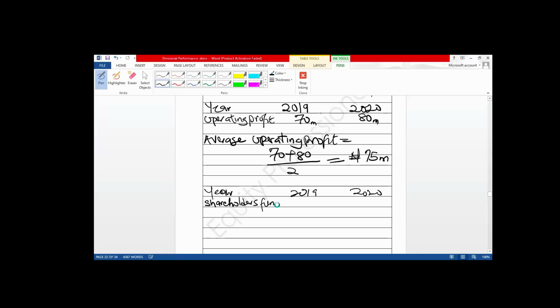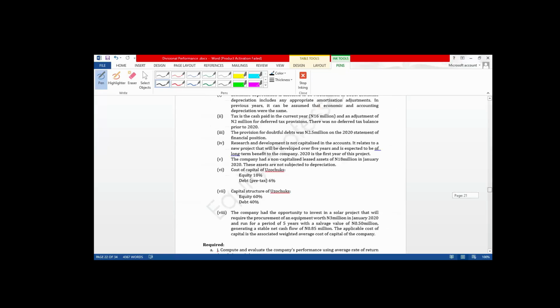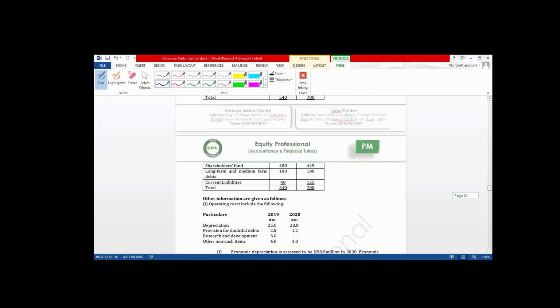Go and look at your financial statements. Shareholders fund here, 400 million, 445 million. Long-term debt, 100.